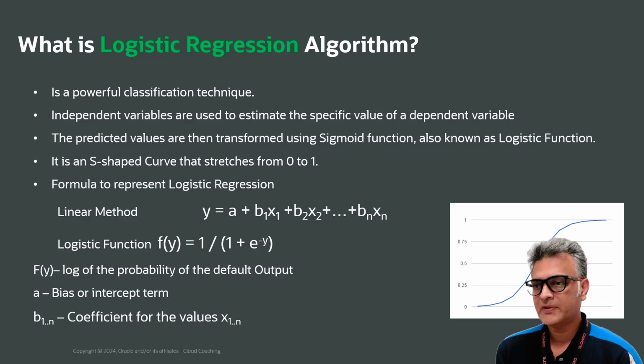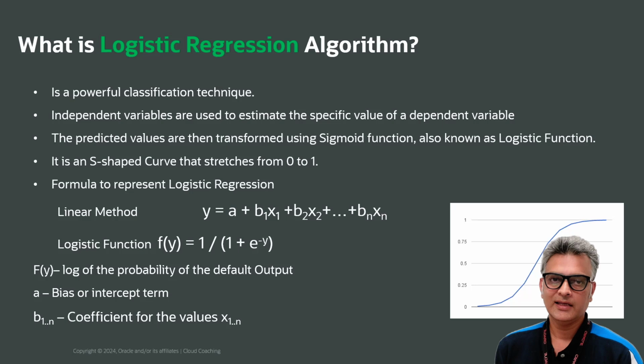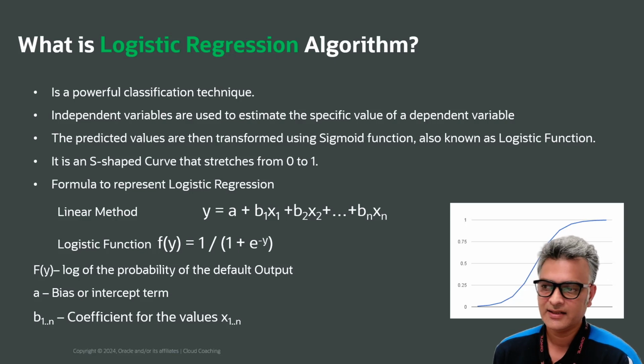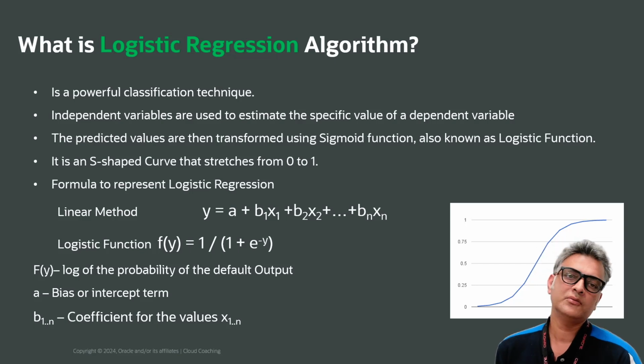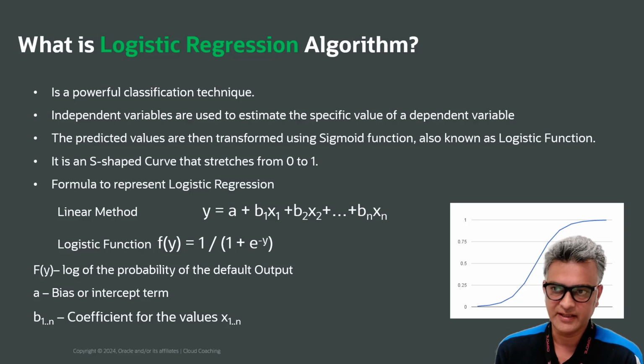So if we have to represent logistic regression using a formula, the first step is what we call the linear method, where we try to predict the values in a linear fashion. The formula for that would be, say, y equals a plus b1 x1 plus b2 x2 and so on, where a is the bias or intercept, b1 to bn are the coefficients, and x1, x2 are the various independent variables.